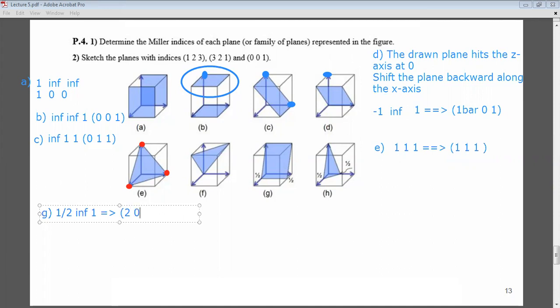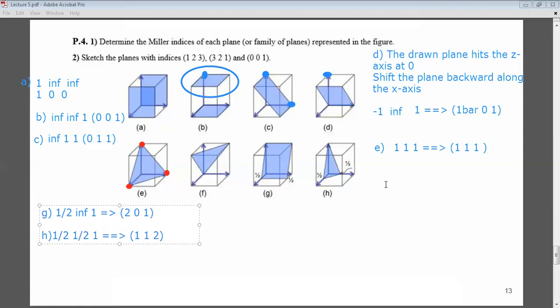So 2, 0, 1. Okay, and the last one, H. H hits the x-axis at half. It hits the y-axis at half. And it hits the z-axis at 1. And this will give me 1, 1, 2.